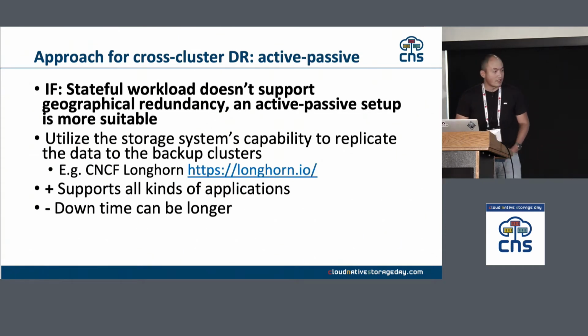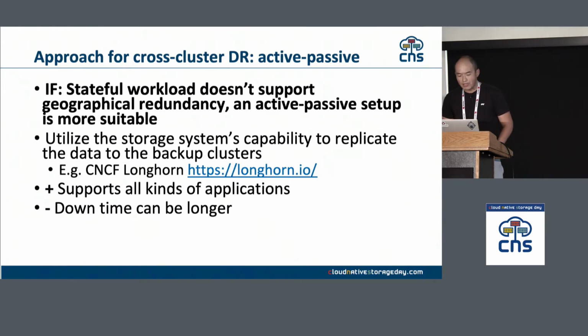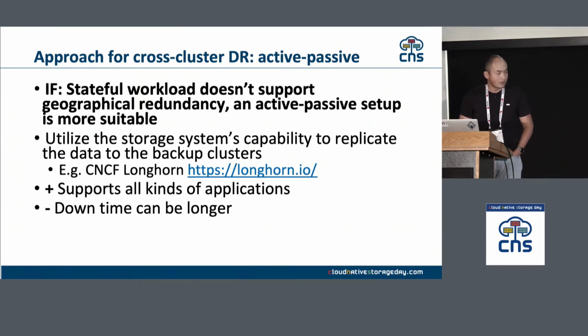Another approach we see is what we call active-passive. This is a more general approach, for when the stateful workload doesn't have geographic redundancy support. As many speakers before me demoed, you utilize the storage capability to replicate the data to the backup store, to the backup cluster. For example, the CNCF Longhorn.